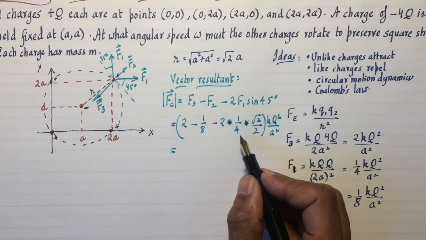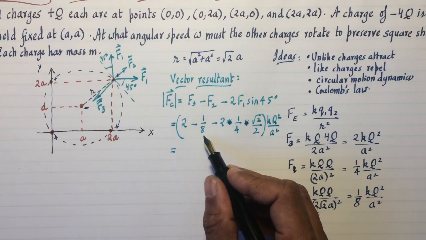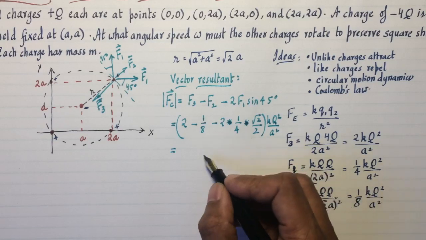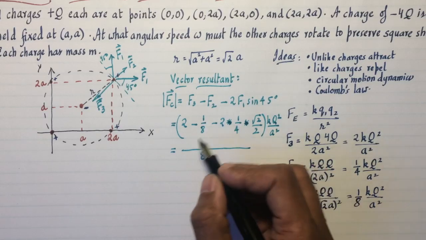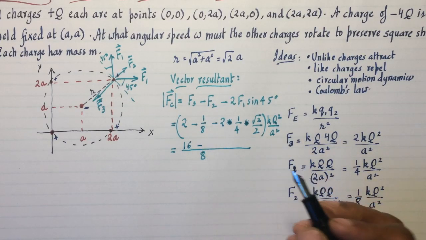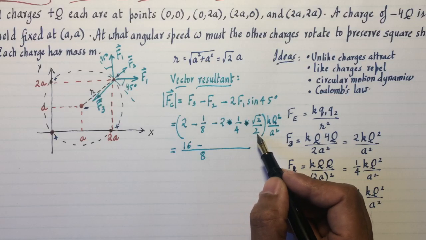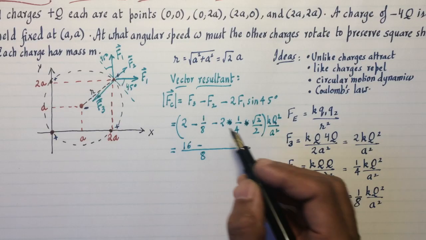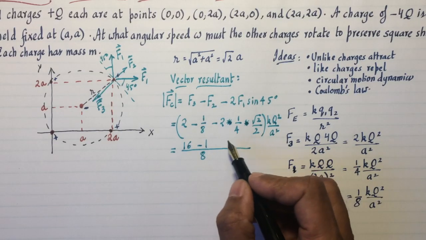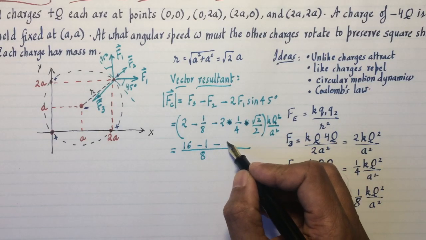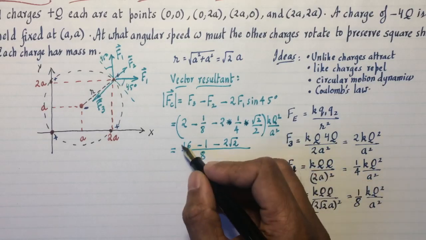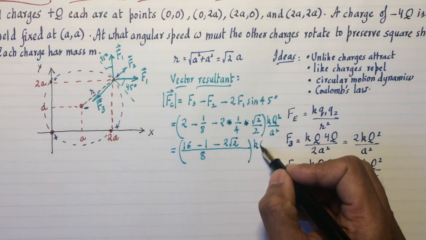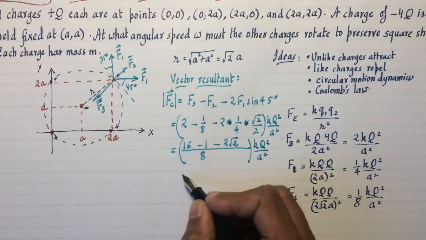I notice here that 8 might be a common denominator, so I'll write this as 8, then that becomes 16 minus, that's already an 8, so that's 16 minus 1 minus 2 root 2 times KQ squared over A squared.